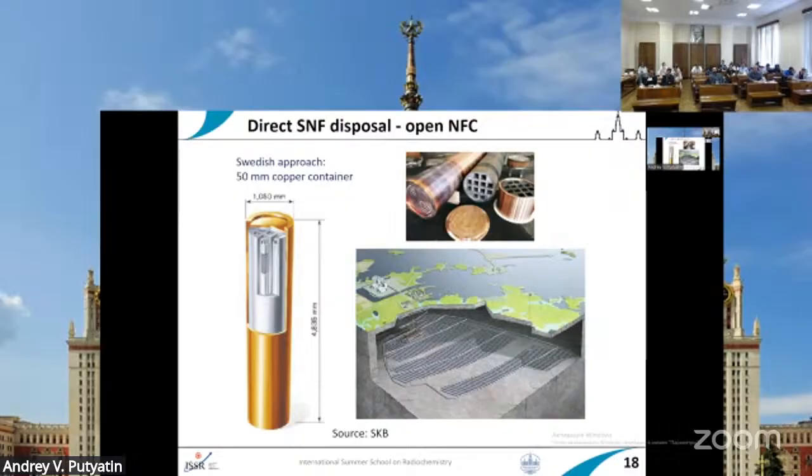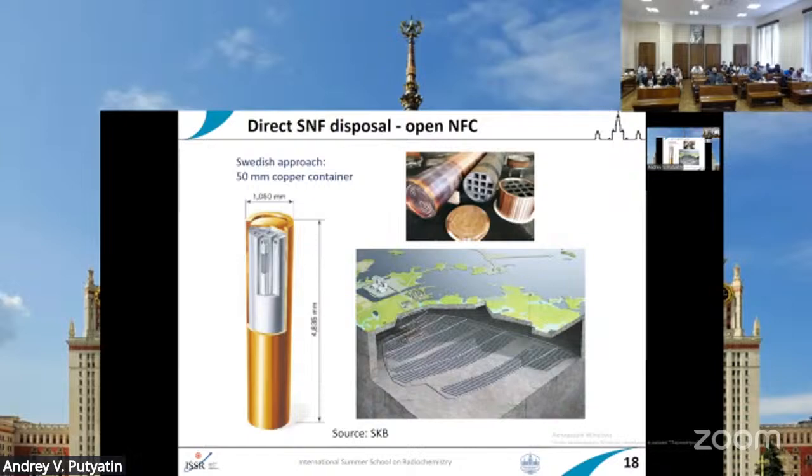in good packaging, in water resistant material like zirconium alloy, which is a very durable material. And there is additional water resistant material, copper.